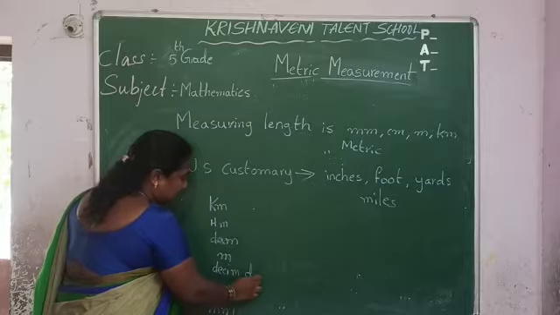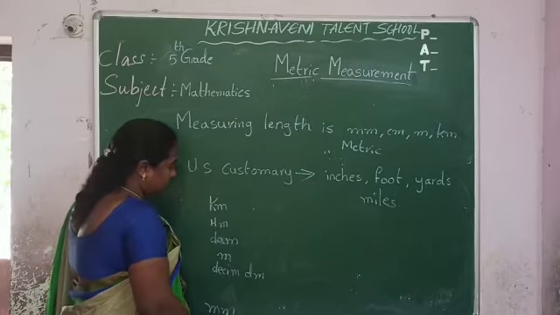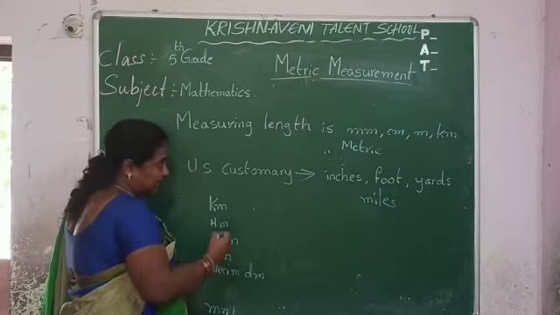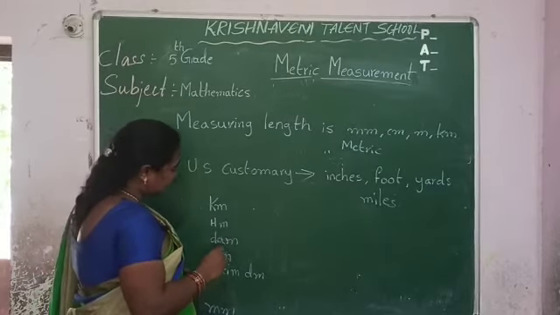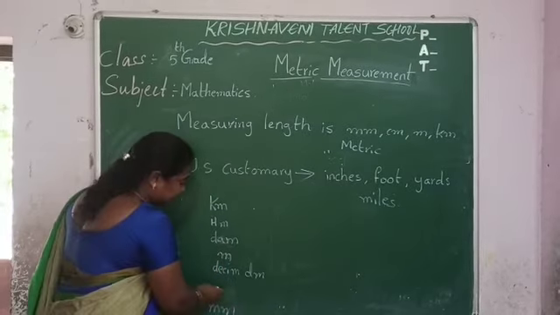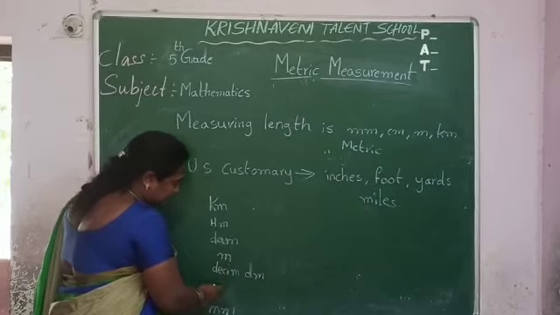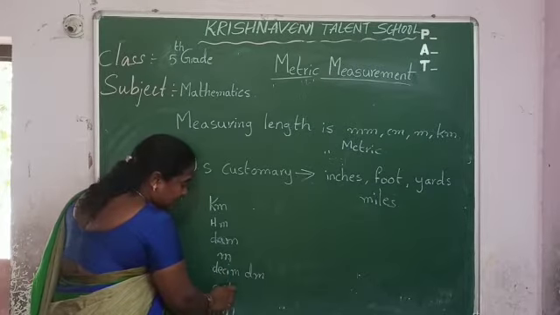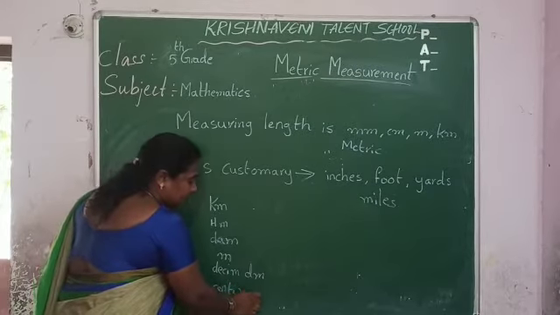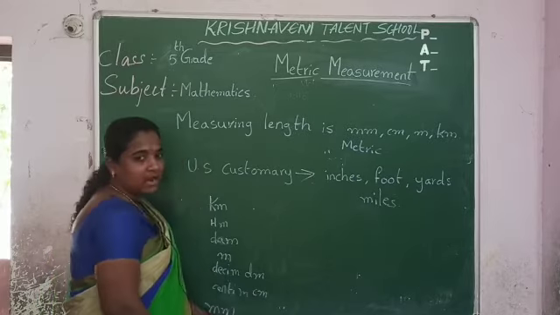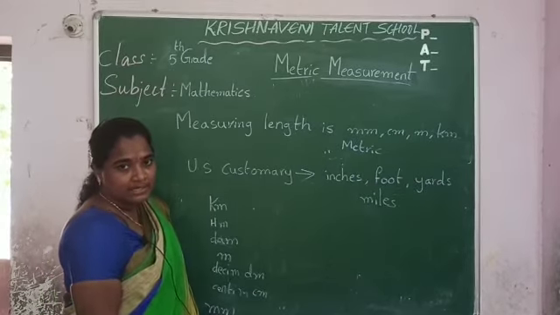Its short form is dm. This decimeter is bigger than centi and milli. After deci, centi is smaller, then millimeters.